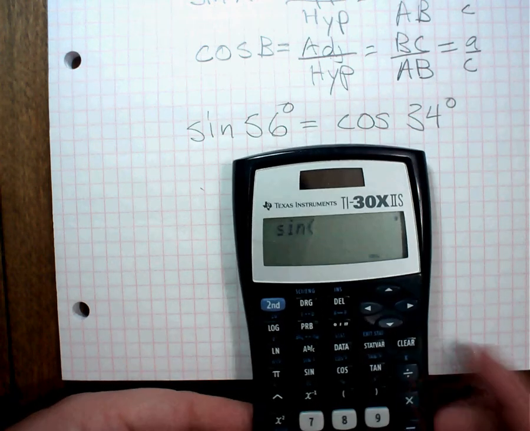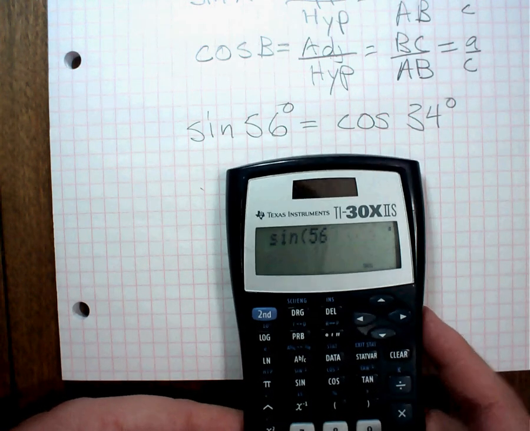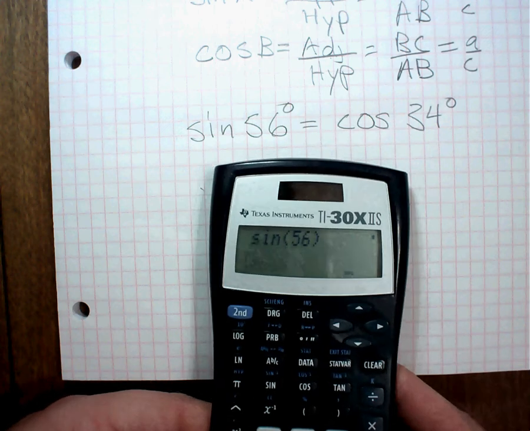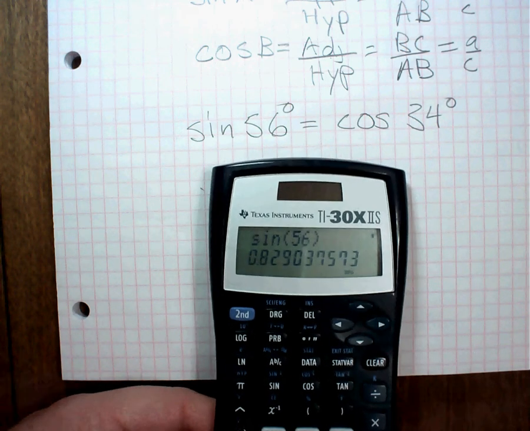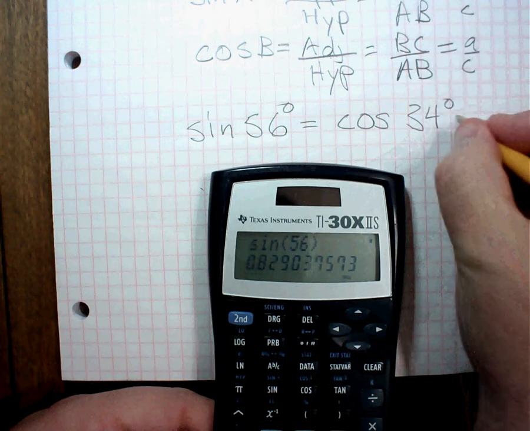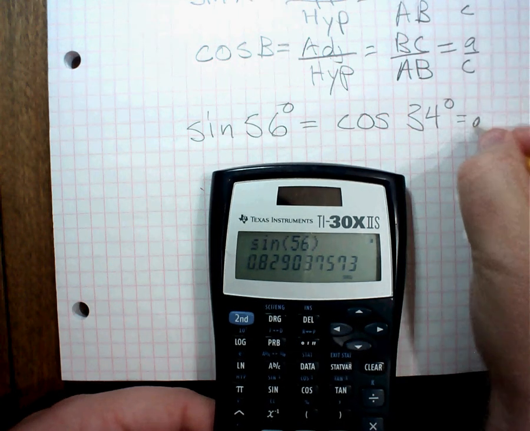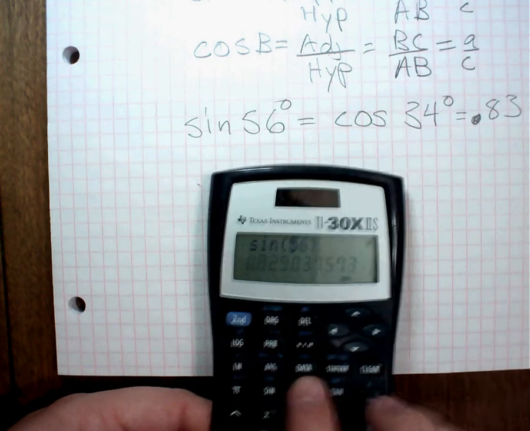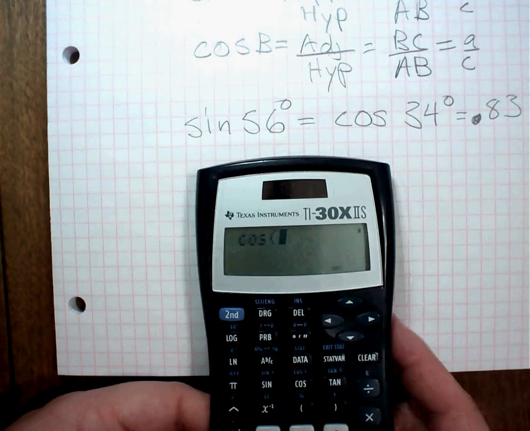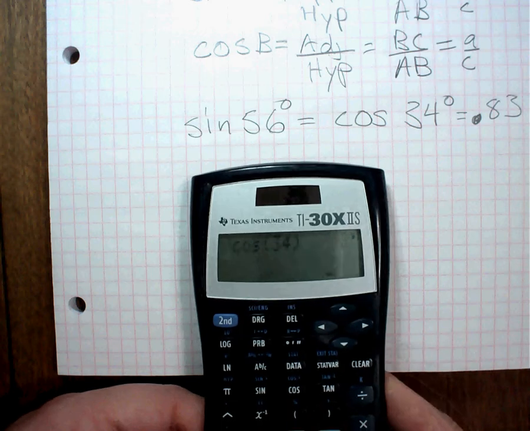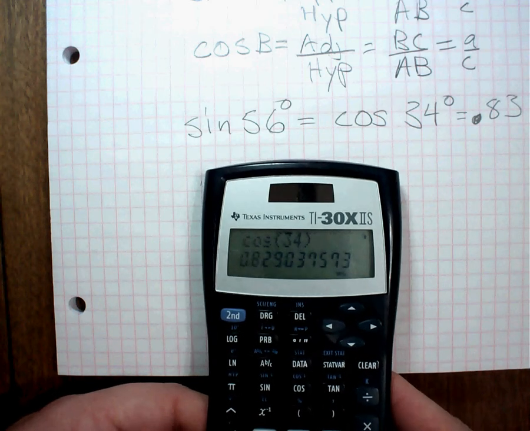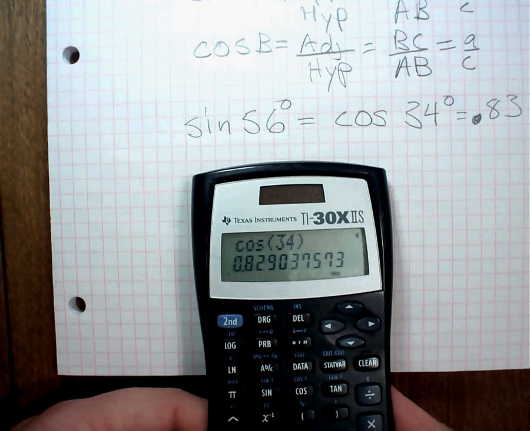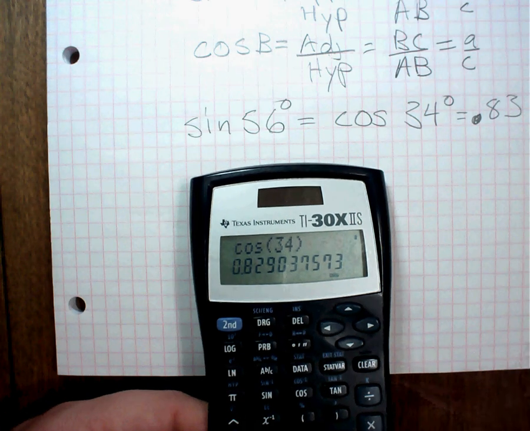Sine of 56 gives me 0.83 if I'm rounding. And if I put in cosine of 34, I should get the same value. Yep, 0.83 if I'm rounding.